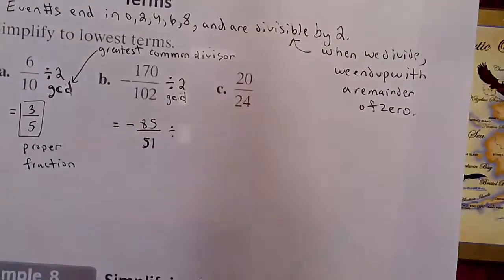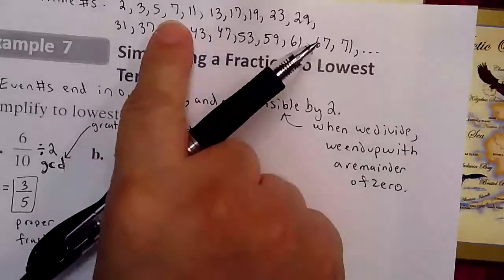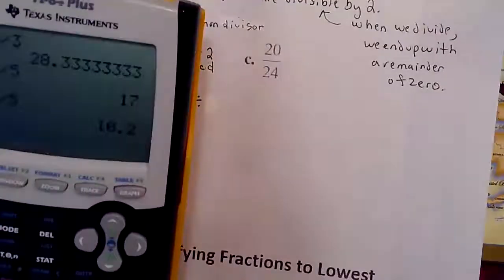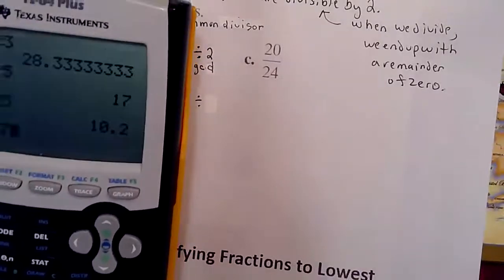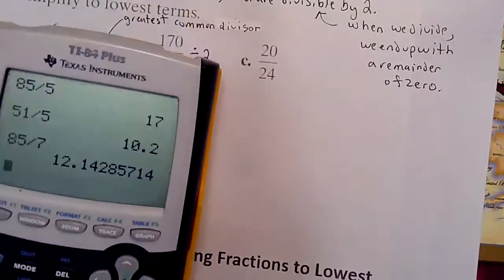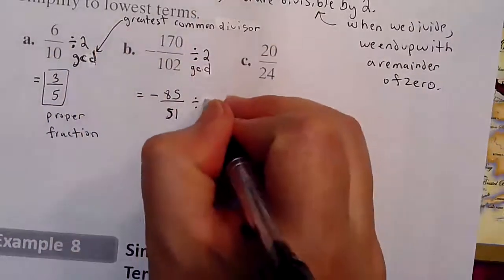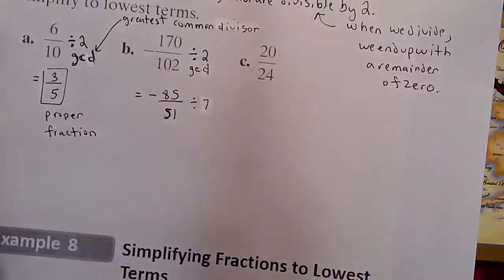And if I just go down my list, I can try 7 now. That would be the next one. Try 3, try 5, try 7. 85 divided by 7. That's not good. I get a decimal. So there's no point in trying 51 divided by 7.